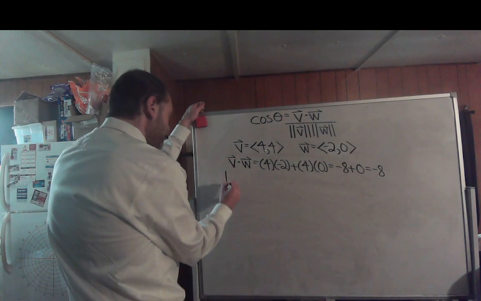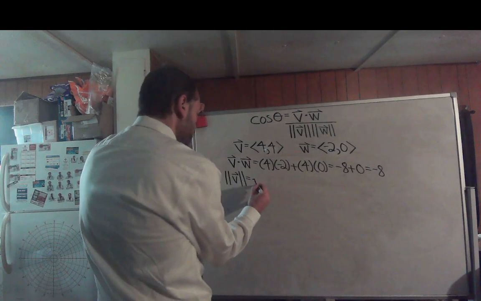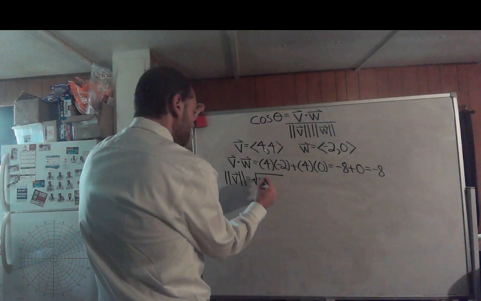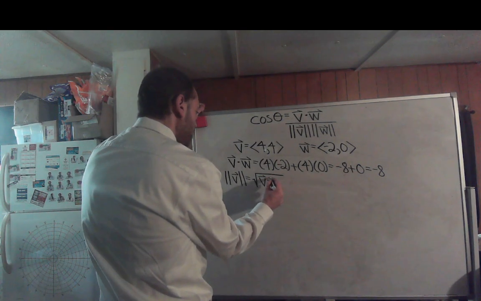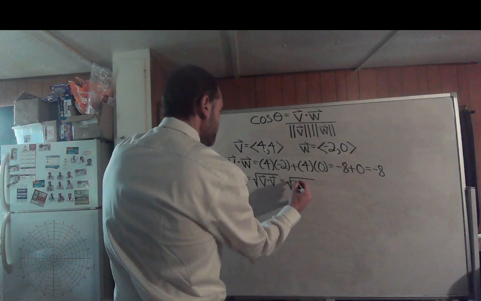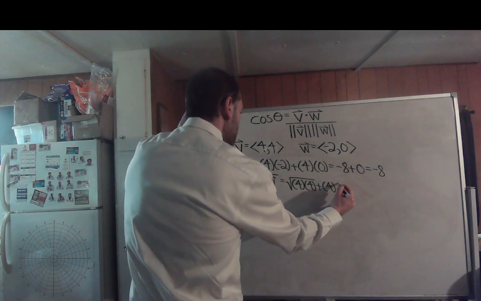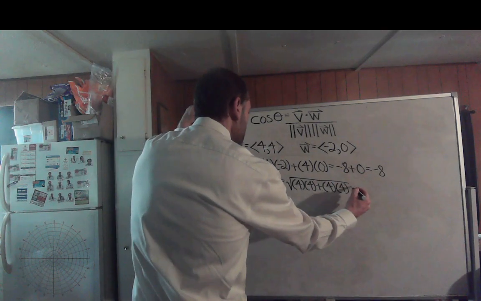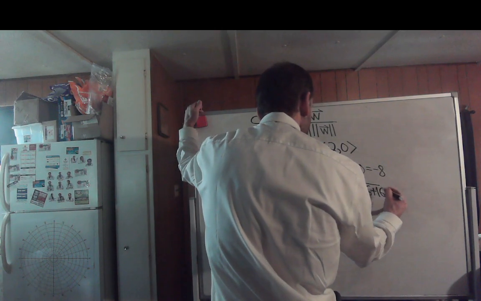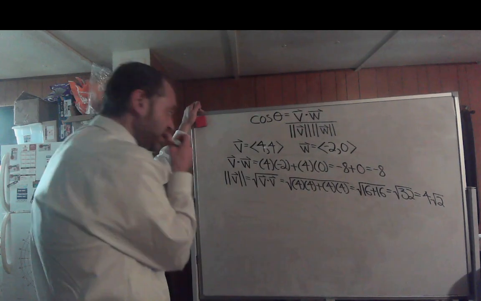Let's go ahead now and find the magnitude of vector v, which we know is the square root of the dot product of v on v, which is going to equal the square root of 4 times 4 plus 4 times 4, which would end up equaling the square root of 16 plus 16, which is the square root of 32, which would simplify into 4 times the square root of 2 for the magnitude of vector v.